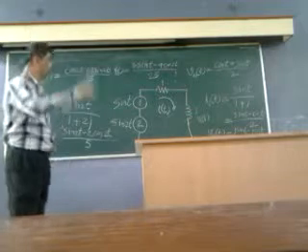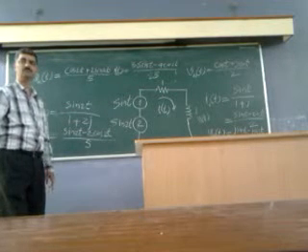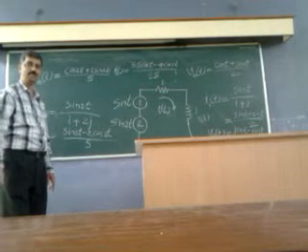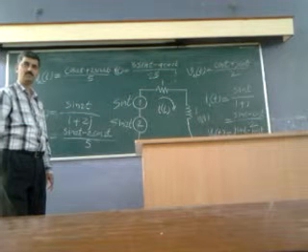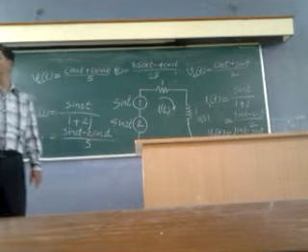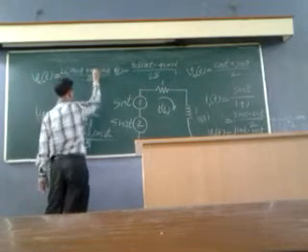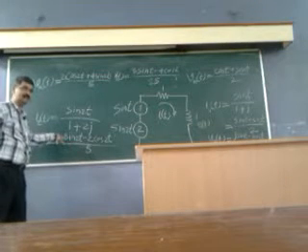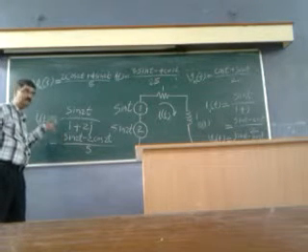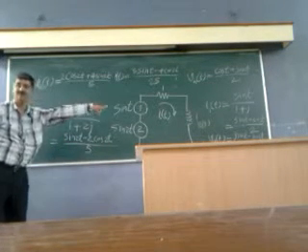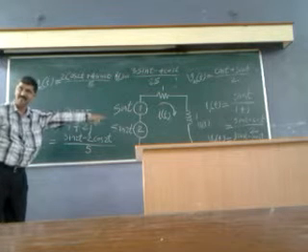What is VO2t now? It is I2t into not Z but 2Z, 2j. So it should be 2 again here. This I2t is to be multiplied by the impedance of the inductor with value 1.